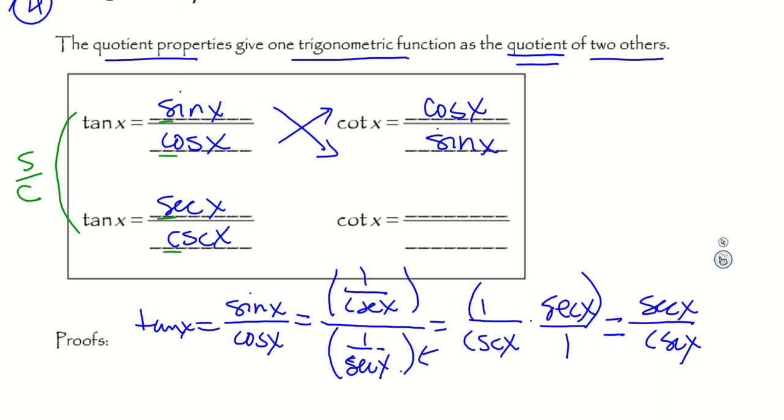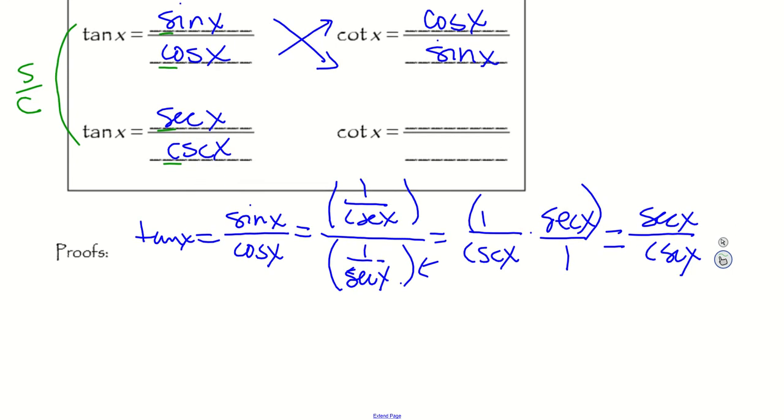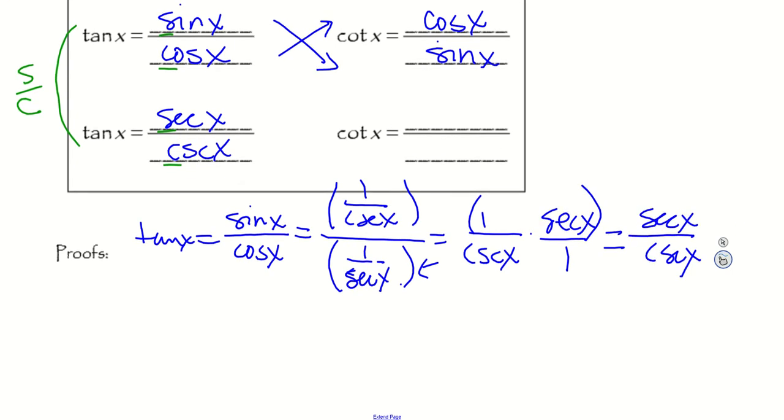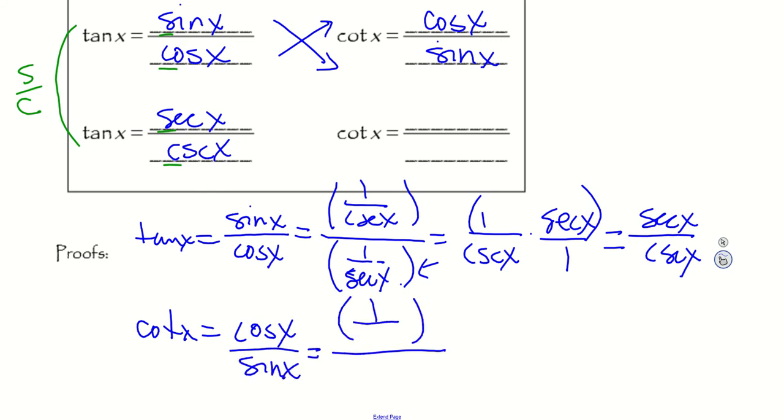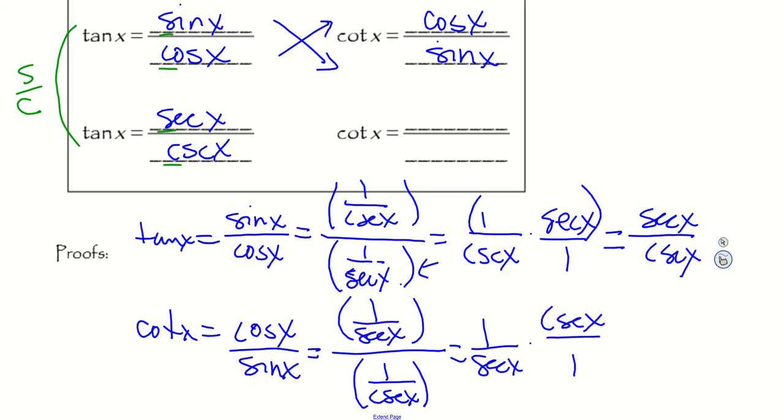So if we look at a cotangent of x and we run through that proof, we have our cotangent of x equals cosine of x over sine of x. Replacing each of those functions with their reciprocals, we get 1 over secant of x divided by 1 over cosecant of x, which is 1 over the secant of x times the flip of the bottom fraction, so that would be the cosecant of x over 1.